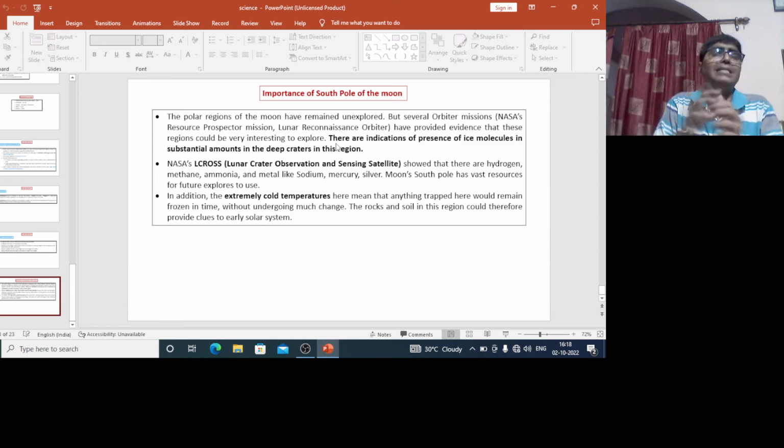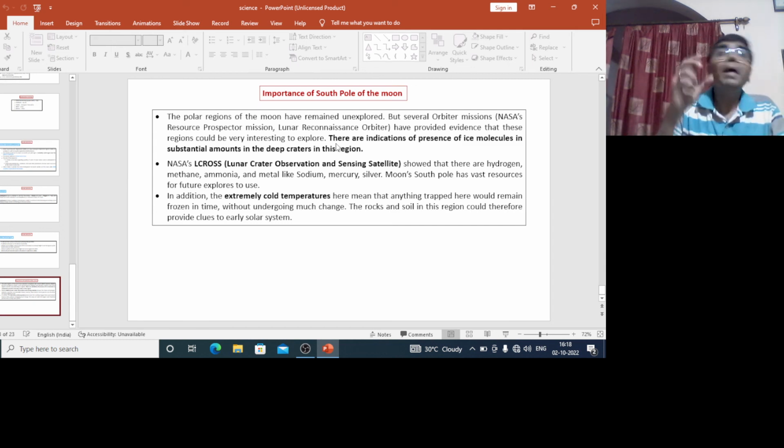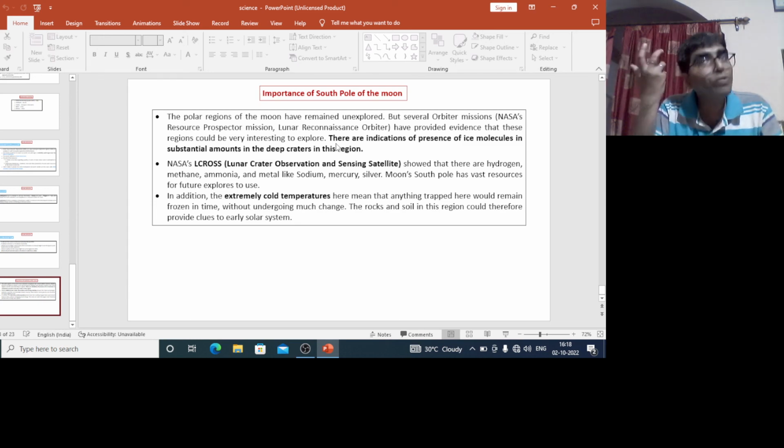The main thing in Chandrayaan 3 is to look at observations about the south pole of the moon, because there are many craters and water availability is also there. When water is in the craters, we can have the idea that fuel can be obtained there.